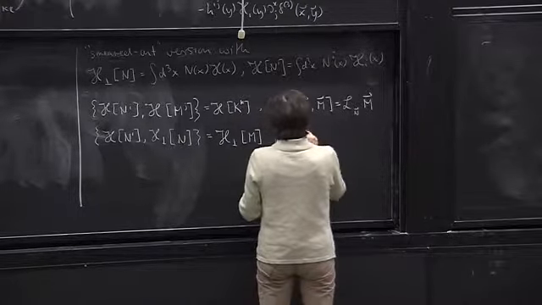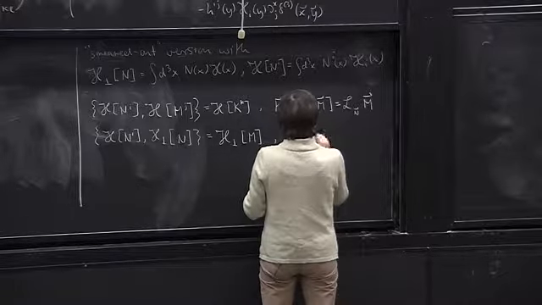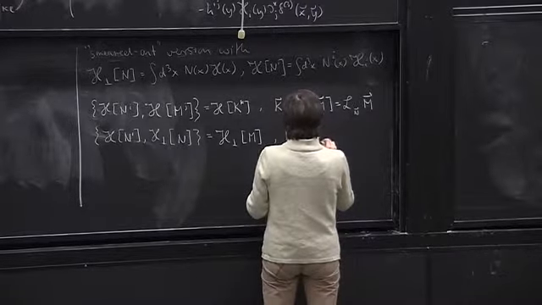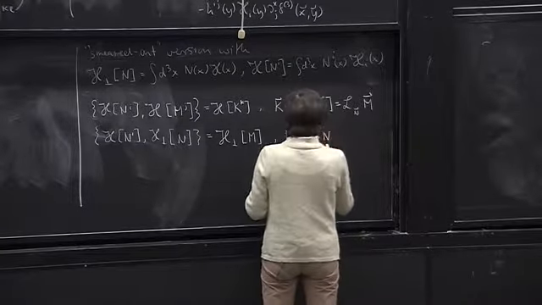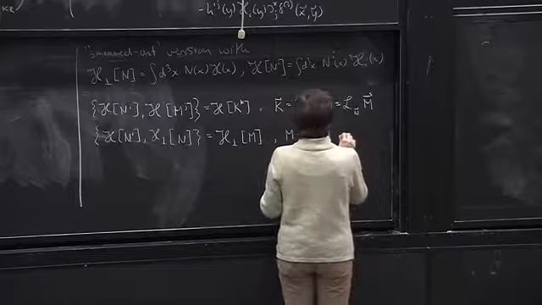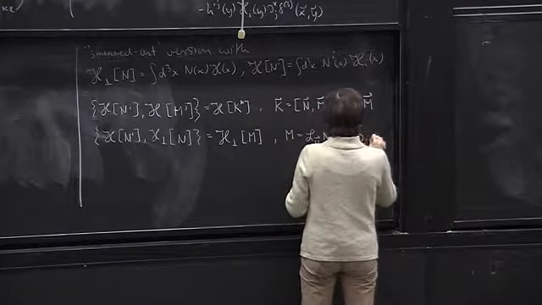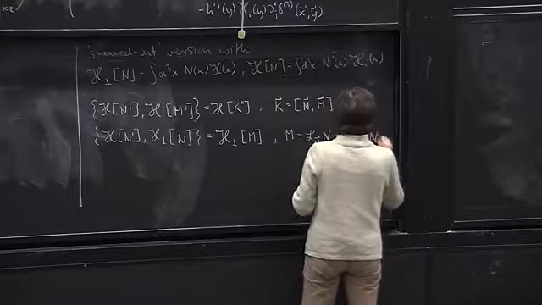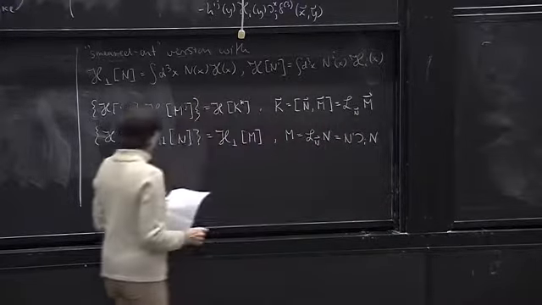M is the Lie derivative in the direction of vector n of the smearing function capital N, and that's the same, if you write it out in coordinates, as n^i ∂_i n. This is, of course, just the partial derivative.